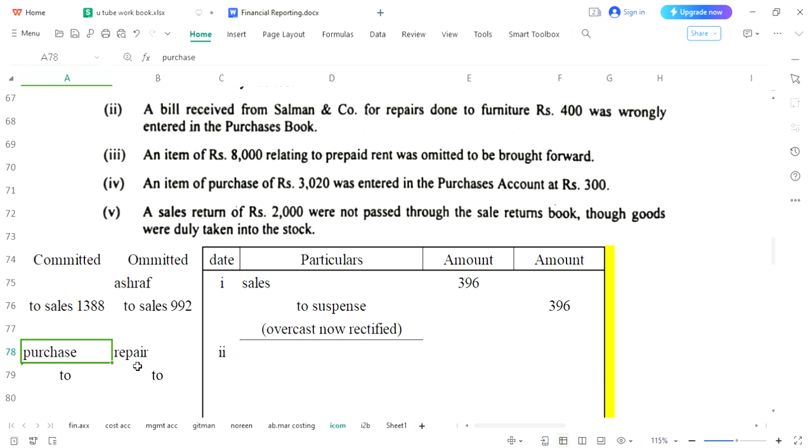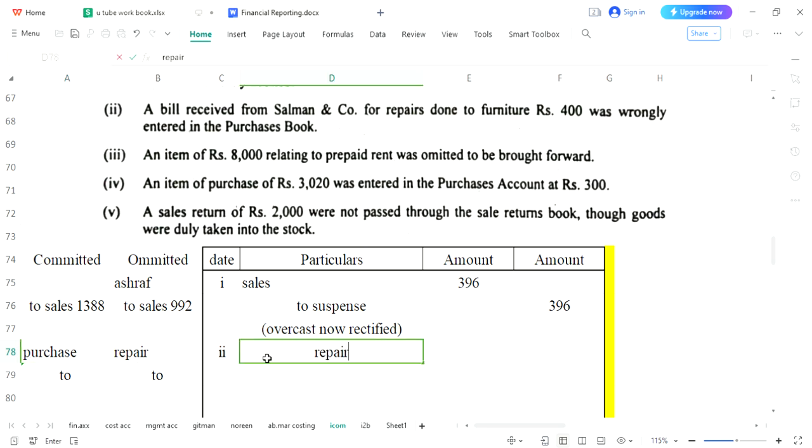So repair was debit and we haven't debited it yet. Repair would be debited over here. This purchase was wrong. In a wrong entry, we will write on the opposite side; purchase here is debit, so you will write purchase on the credit side. So the rectified entry is repair to purchase.